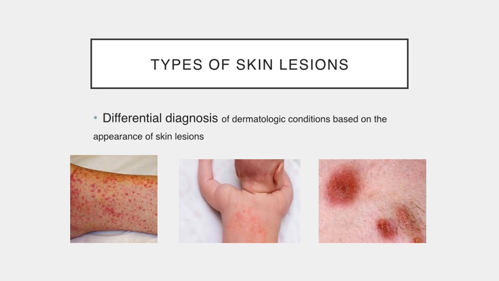Okay, so now we're going to move into talking about some of the fun part of differentiating skin rashes and lesions. And differential diagnoses for dermatologic conditions are very, very broad. And so that's why in this talk we'll kind of approach it and talk about some of the common rashes that you'll see.